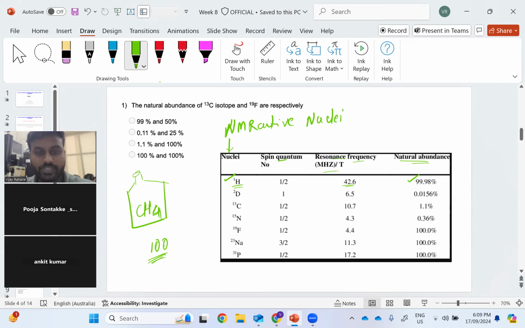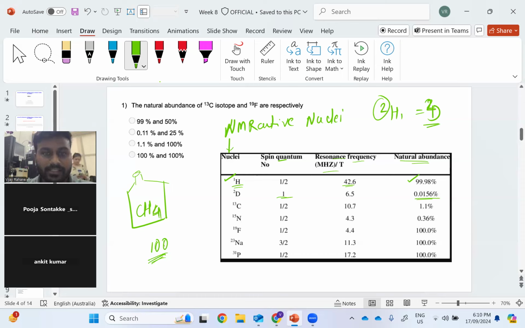Again, we know hydrogen has its isotope, the deuterium, which we write as 2H1. We can also refer to it as D2. It has spin quantum number 1 and a natural abundance of about 0.0156%.